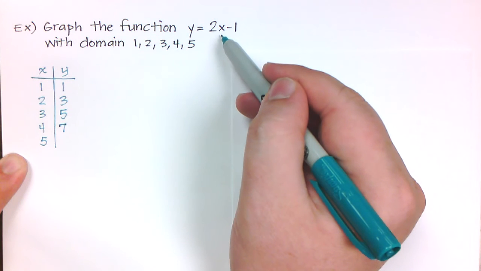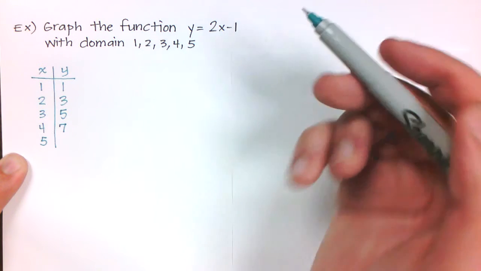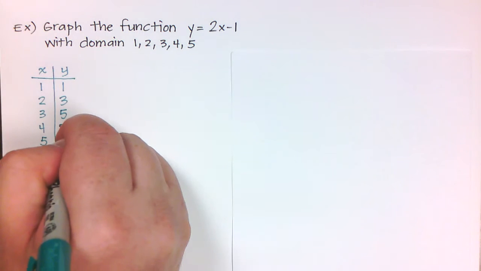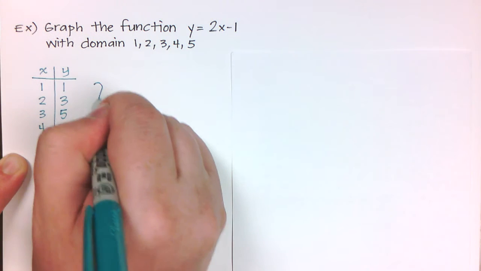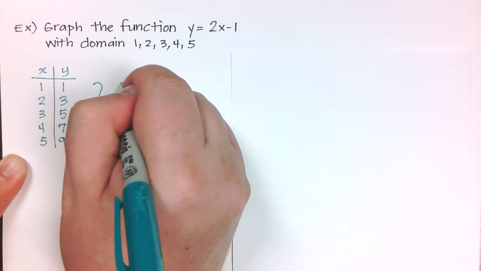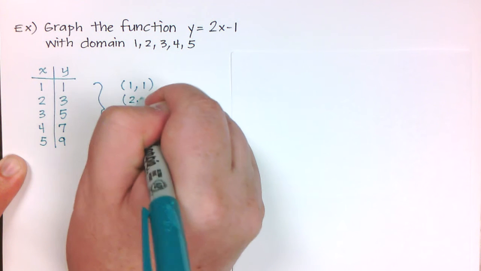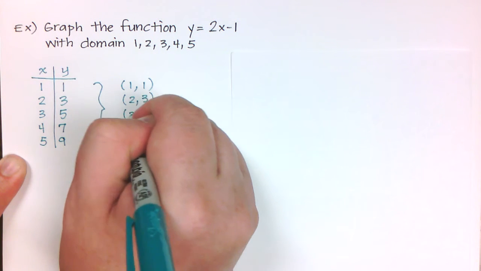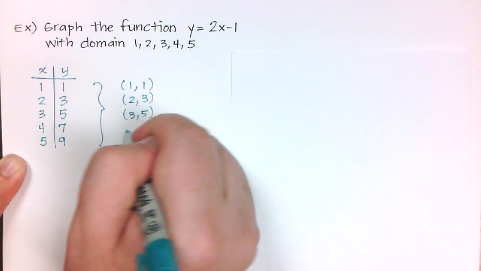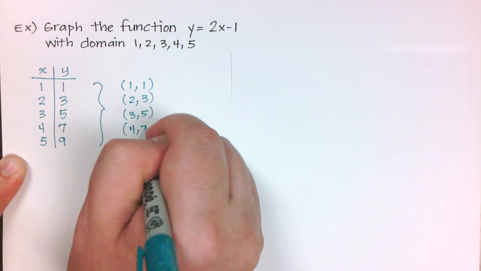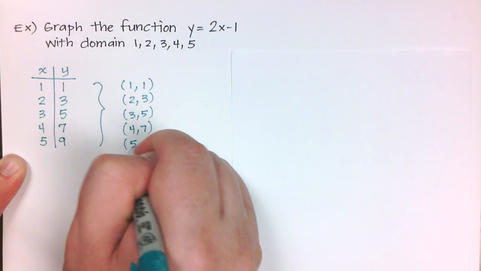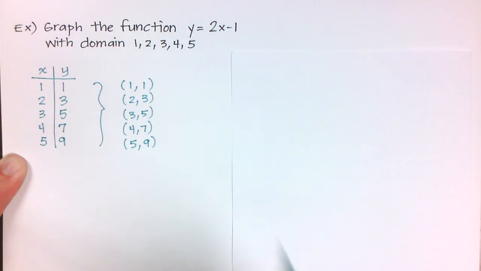And 2 times 5 is 10, and subtract 1, I have 9. And again, all of these can be easily represented as coordinate points. 1, 1, 2, 3, 3, 5, 4, 7, and 5, 9.